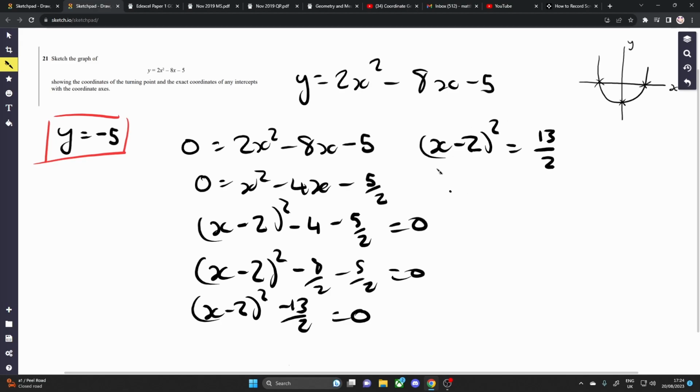Now that we're at this point, we're going to get our two values, because notice there's two values because of the nature of parabolas. Okay, so x minus 2 is equal to plus or minus the square root of 13 over 2.